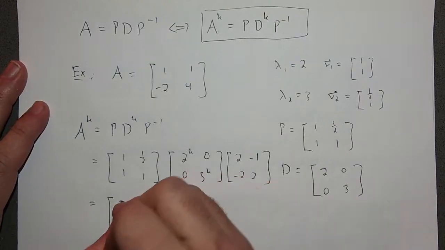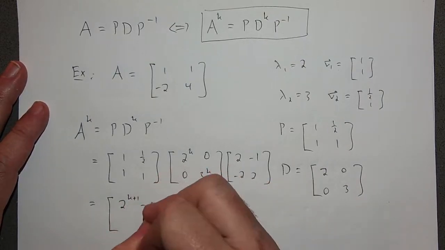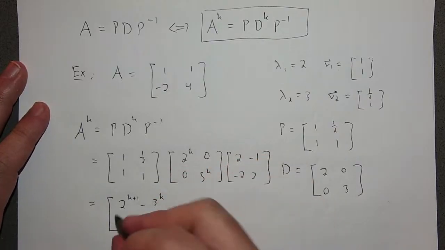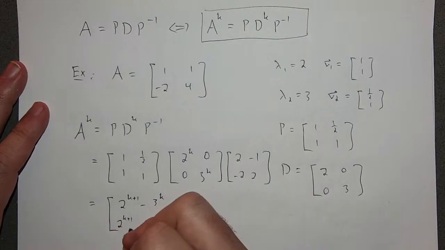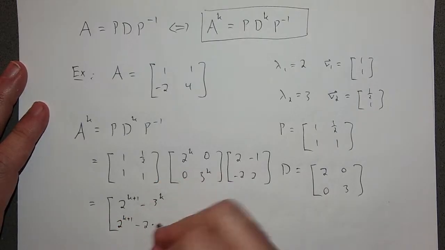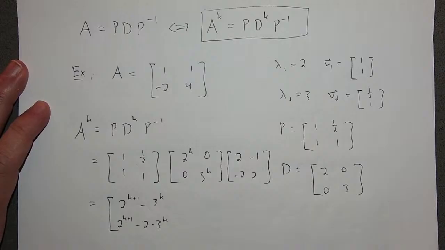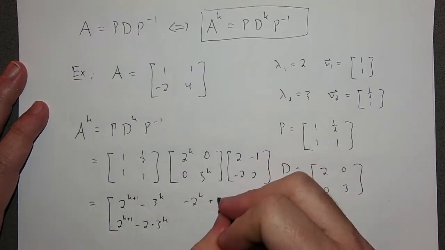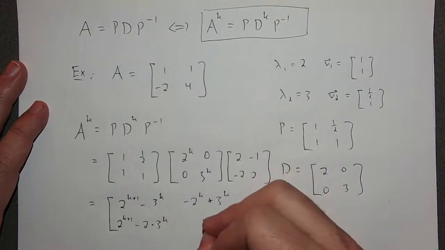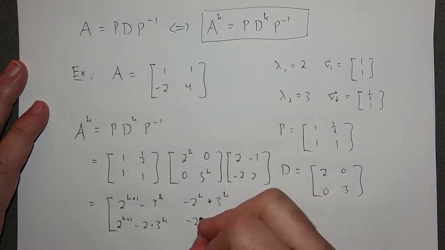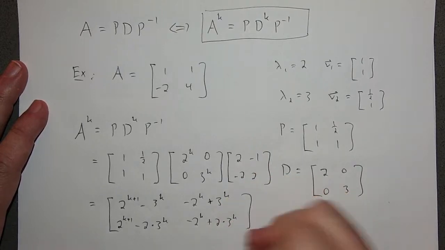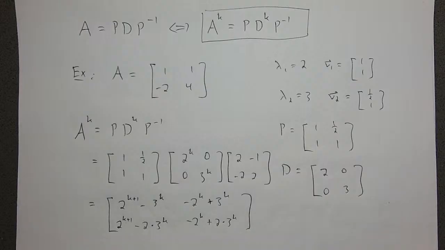This is 2 to the K plus 1 minus 3 to the K. Reading column-wise, this is 2 to the K plus 1 minus 2 times 3 to the K. Next entry, minus 2 to the K plus 3 to the K. Last entry, minus 2 to the K plus 2 times 3 to the K. Okay, this is actually our formula for A to the K.